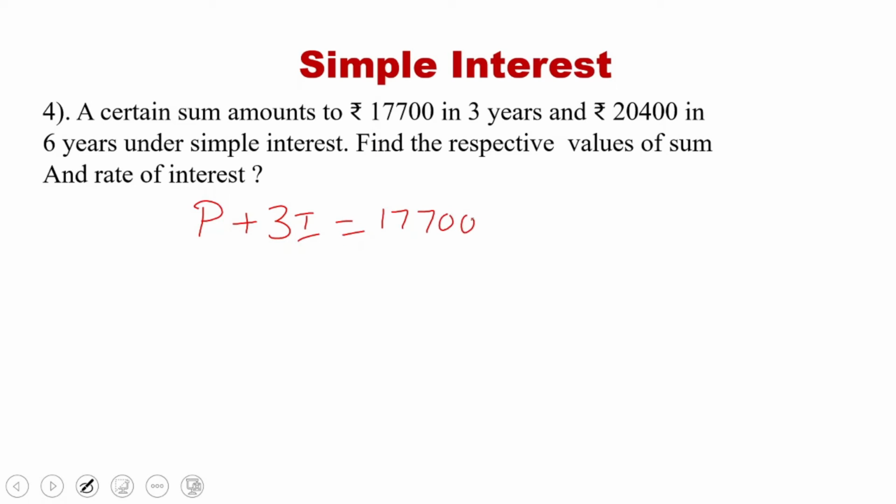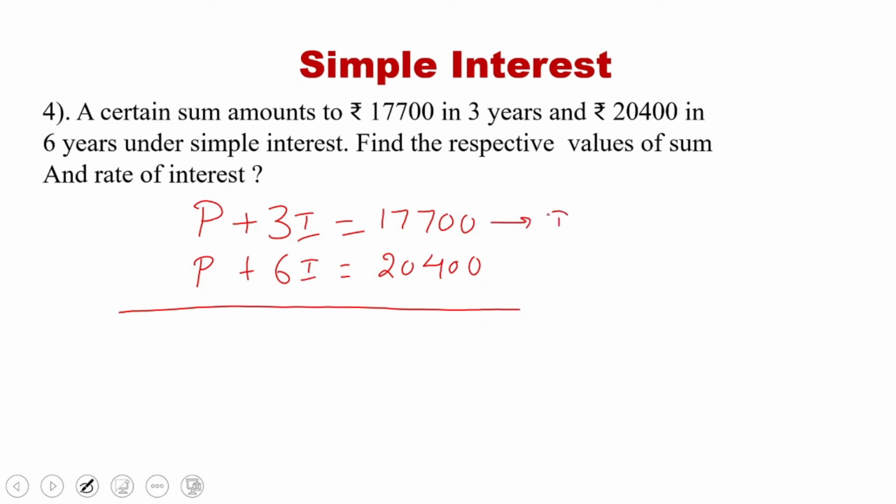And the second one is P plus 6 years, 6I equal to how much? 20,400. From these two expressions, we get the interest value and the P value. Suppose this is the first one and this is the second one.